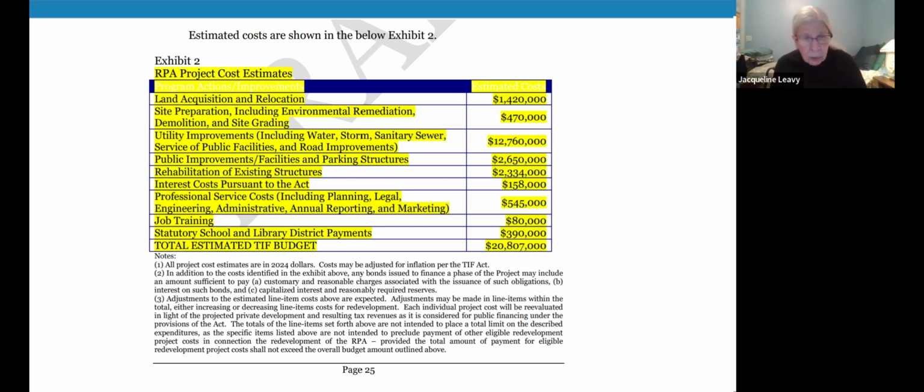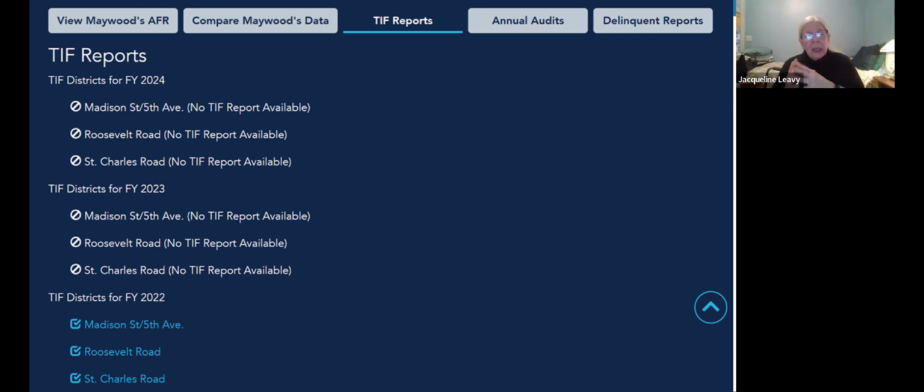Now, I don't know about y'all, but I've looked at the stock market lately. I've looked at the interest rates lately. Things are not what they were pre-pandemic. So even with inflation, the notion that the property value is going to more than double during the life of the TIF district, there's absolutely no guarantee that's going to happen. That is a forecast. And how do we know whether or not to trust the forecast?